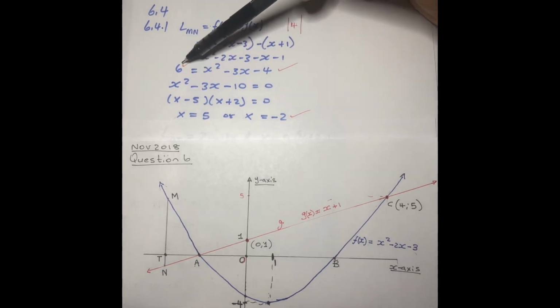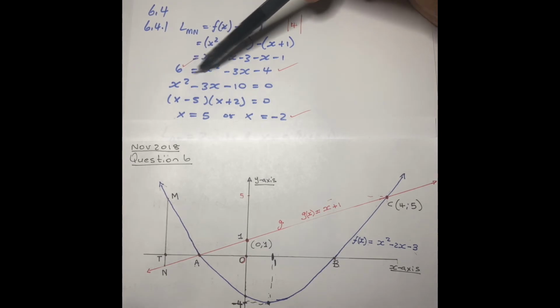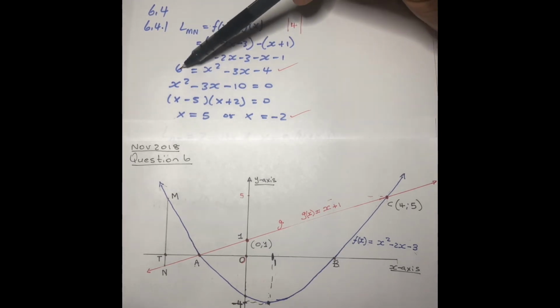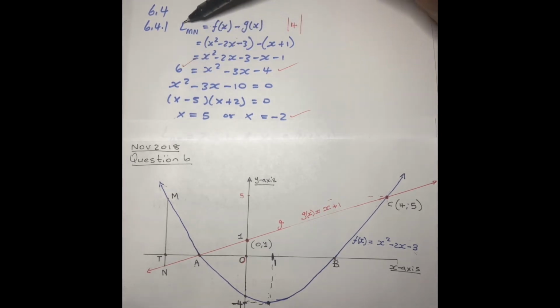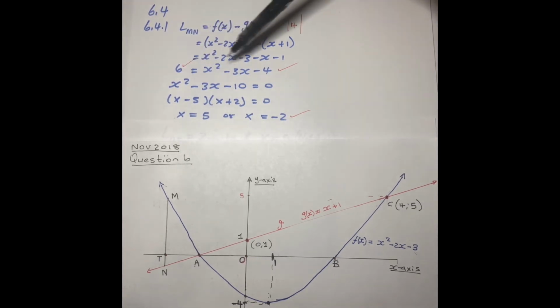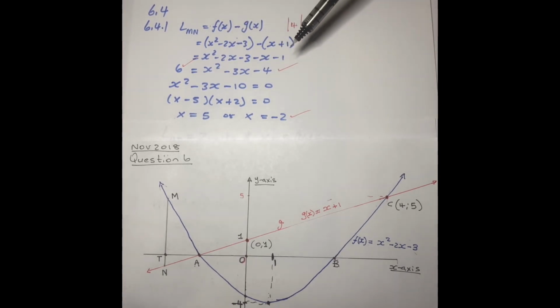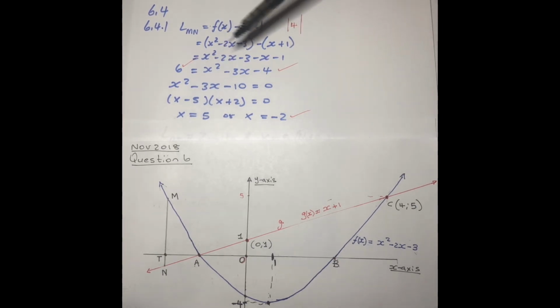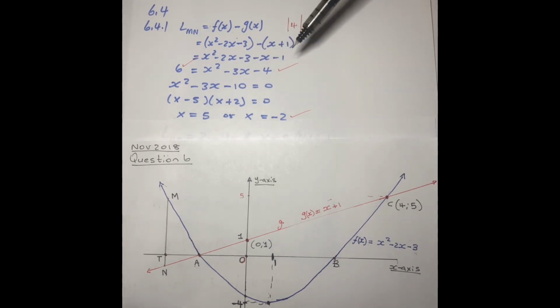Then you equate the whole of this to 6 because we know the length of MN is equal to 6. So you've got your 6, which is equal to, when you simplify the whole of this, x squared minus 3x minus 4. It comes from x squared minus 2x minus x, which is minus 3x, then minus 3 minus 1, which is minus 4.